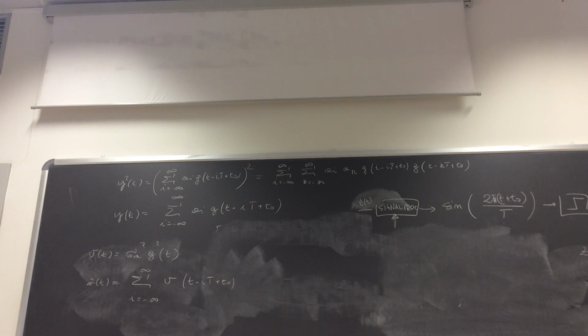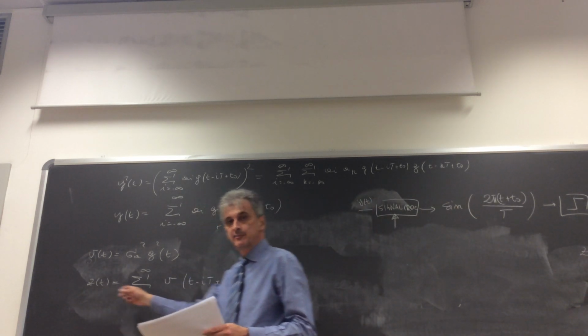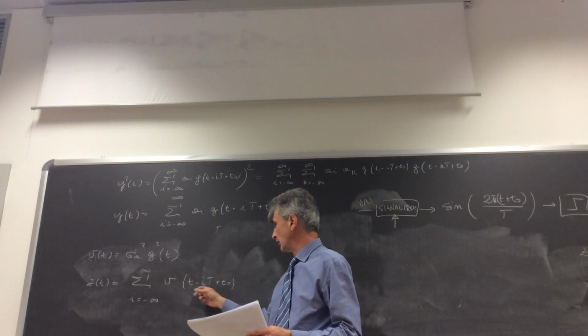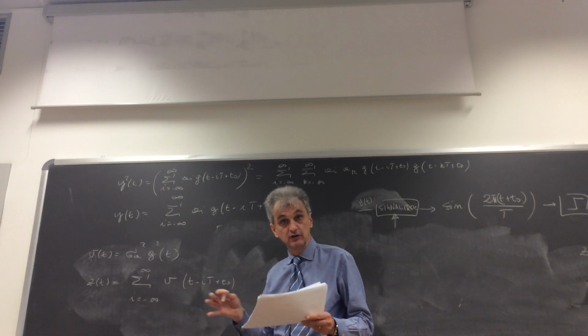Okay. Simply we substitute, and then we say that the Z is the repetition with period T of the basic V and with time offset t0.